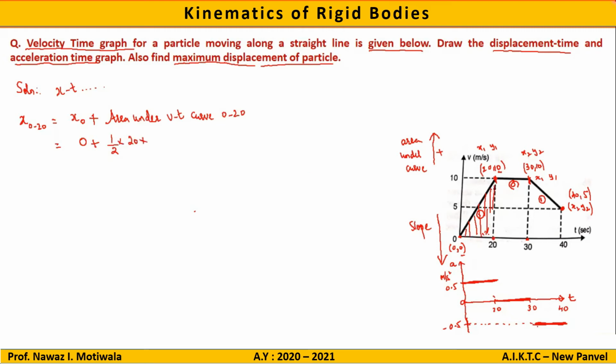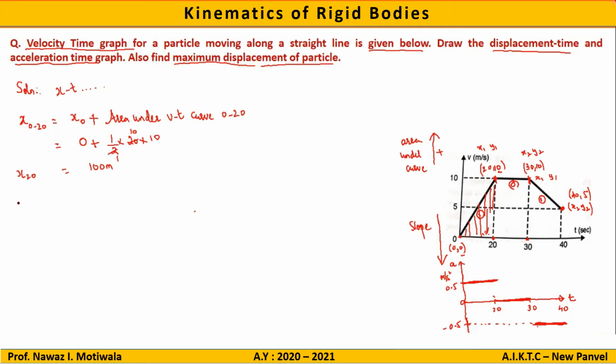The height of this triangle is nothing but 10. So here you can see that the value of height is given for this triangle as 10. So into 10. On solving, I will get the answer as 100 meters. So x at 20 is 100 meters because x at 0 is 0 only.